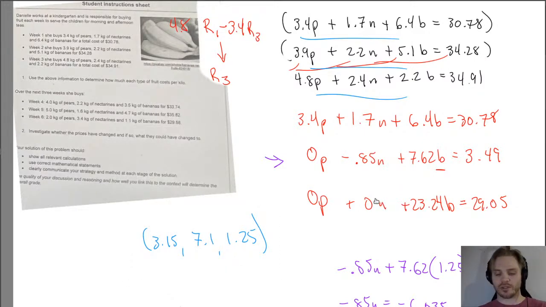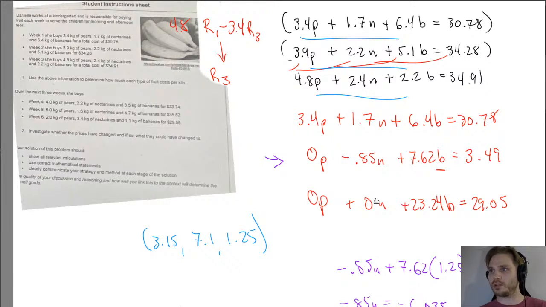All right, so 3.4 times 3.15 plus 1.7 times 7.1 plus 6.4 times 1.25 equals, okay, so the first equation checked out.